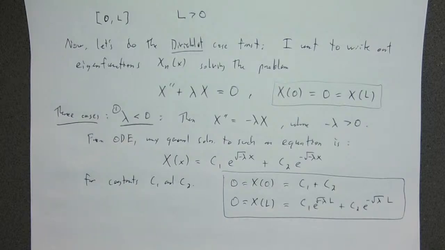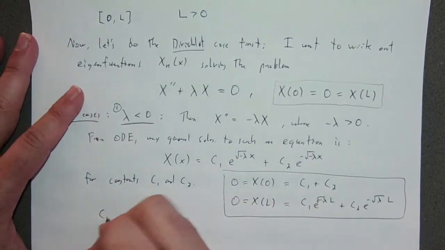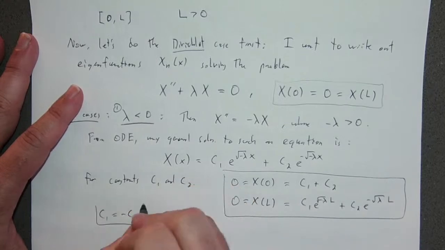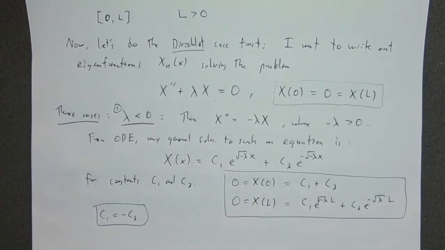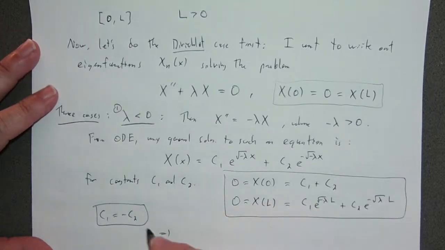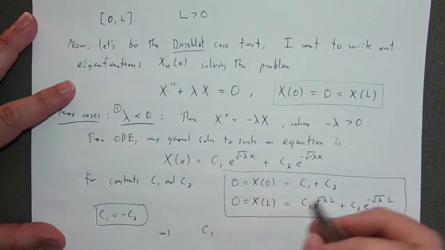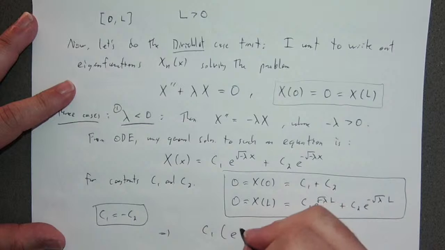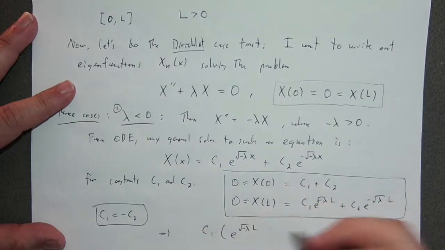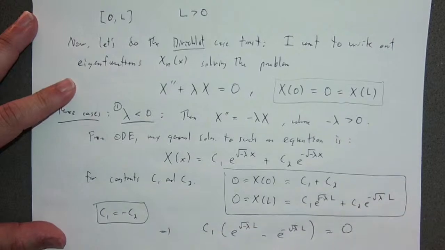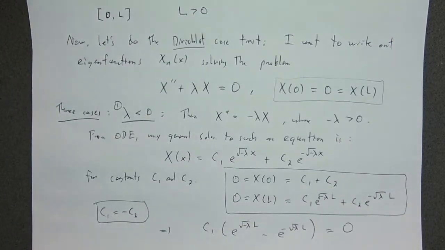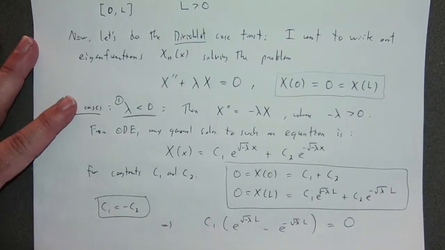Okay. But then from the system, first of all, c1 is equal to minus c2. But if c1 is equal to minus c2, then what I get is c1 times e to the square root of minus lambda L minus e to the minus square root of minus lambda L is equal to 0. And can this happen? Only way this can happen is if c1 is 0.